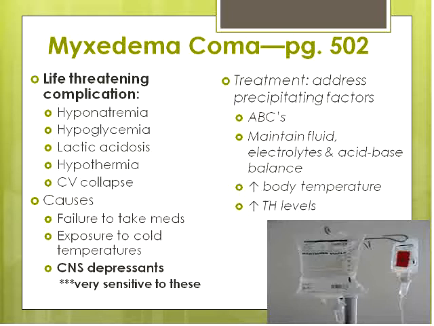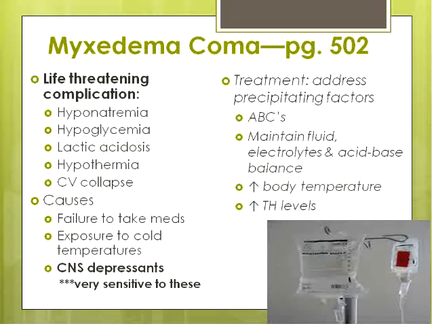So you need to remember that this is a life-threatening complication of hypothyroidism. So if we already knew that somebody with hypothyroidism was at risk of hyponatremia and hypoglycemia, obviously if they are in a life-threatening situation, they would have life-threatening hyponatremia, life-threatening hypoglycemia.